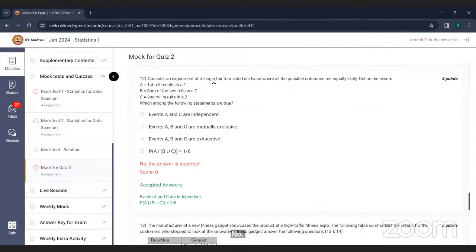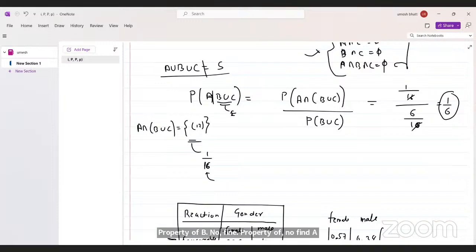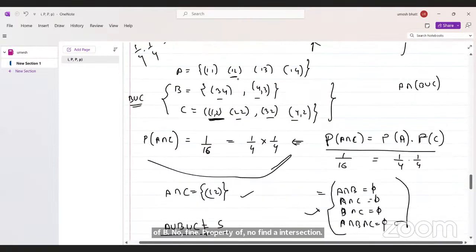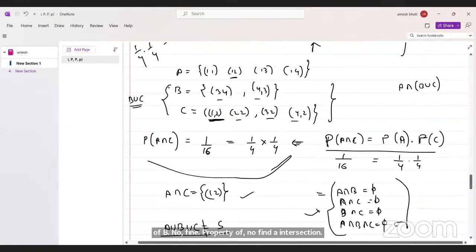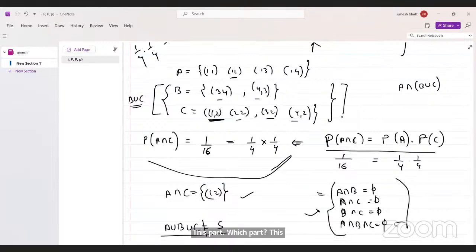Now, what is our fourth condition? Probability of A given B union C, which is the probability of A intersection B union C divided by the probability of B union C. Now find A intersection B union C. B union C is this part, and this is your A. What is A intersection B union C?